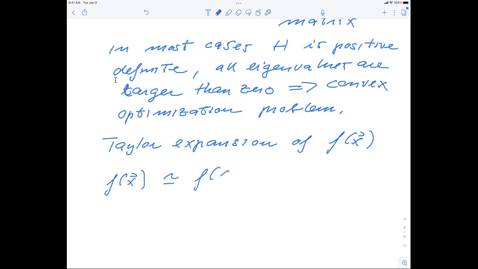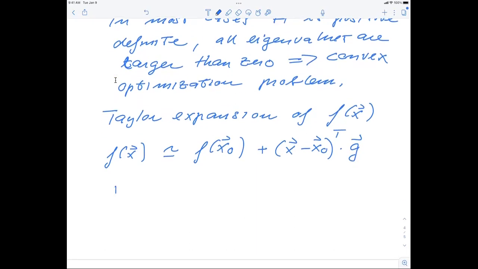This is given by x0, the point we are expanding around. Since these are vectors, I have to be a little careful. Remember, the function is a scalar. This is a transpose of this vector multiplied with a gradient, where g is the gradient of the function f of x.